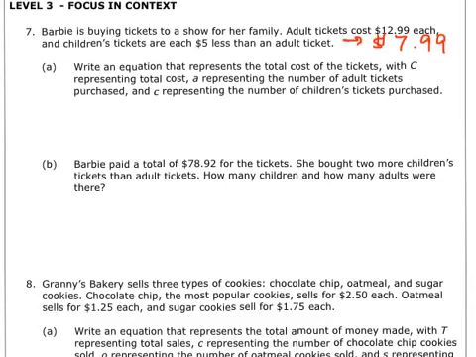Write an expression that represents the total cost of the tickets, with C representing total cost. A represents the total number of adult tickets purchased, and c represents the number of children's tickets purchased.